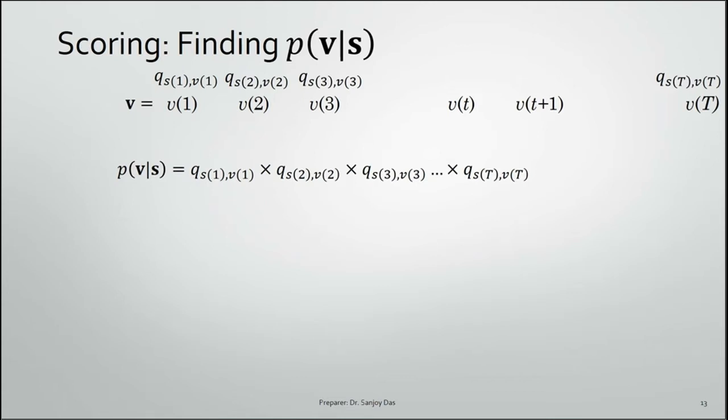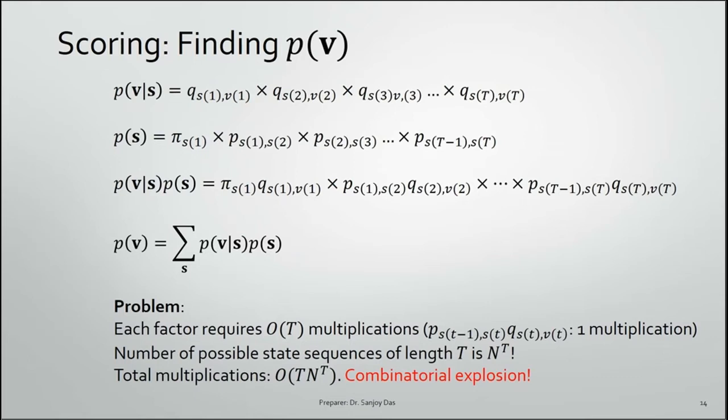We have already computed the probability of the state sequence. So P of V given S is given by this product Q S1 V1, Q S2 V2, Q S3 V3, all the way to Q S T V T. And P of S was initial probability pi S1 times transition probabilities P S1 S2, P S2 S3, all the way to P S(T-1) S T. Now we take the product of both, we multiply them together, we get the desired probability.